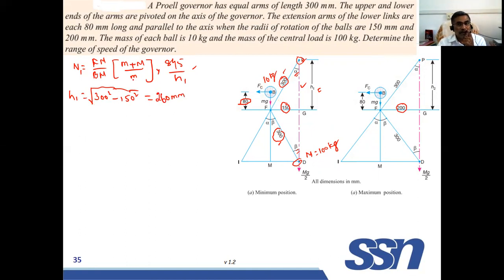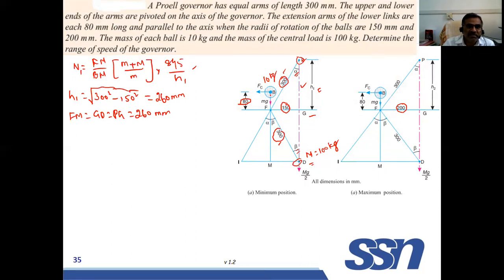Then to find N, you have to find FM. FM is equal to GD, and GD is equal to PG, which is h1. So FM is again 260 millimeters.